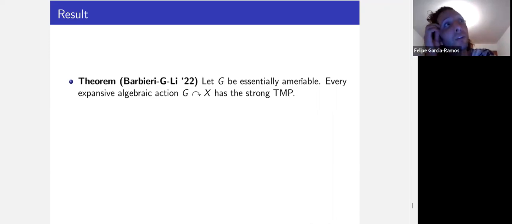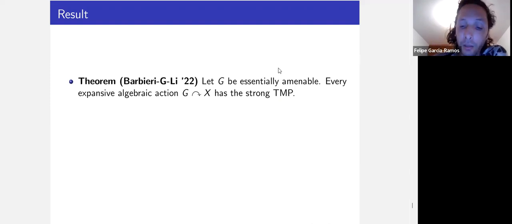So it's the groups that you can construct algorithmically starting from abelian groups. Those are the essentially amenable groups. And what we prove is that for these groups, and this family particularly contains the polycyclic groups, every expansive algebraic action has the strong topological Markov property, which we shorten like this.